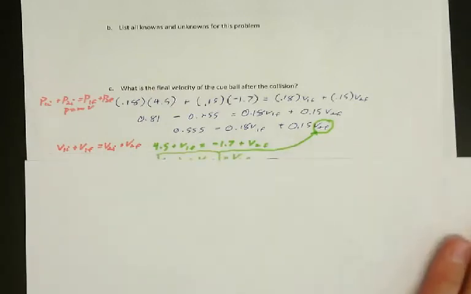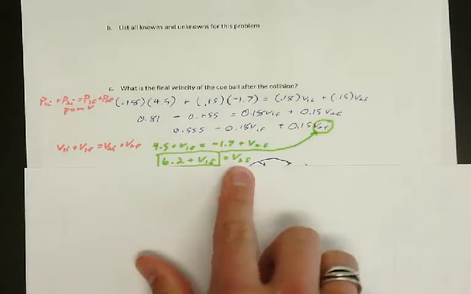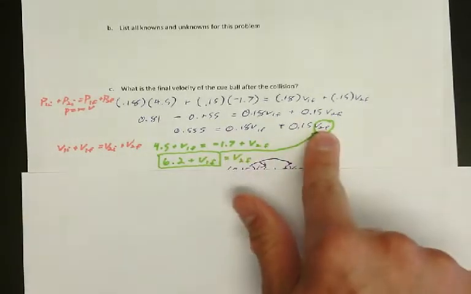And I simplified that down to 6.2 plus V1 final, and that equals V2 final. So I substituted that back into the V2 final here.